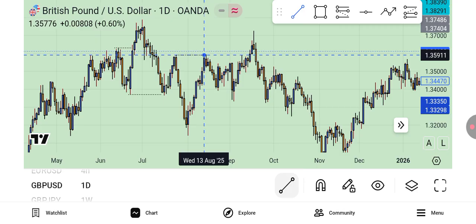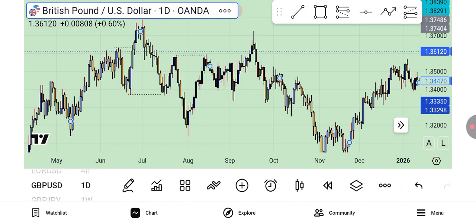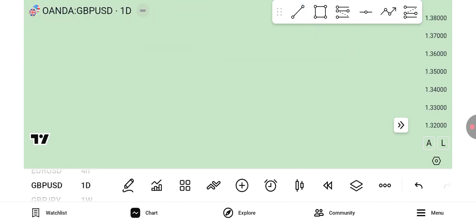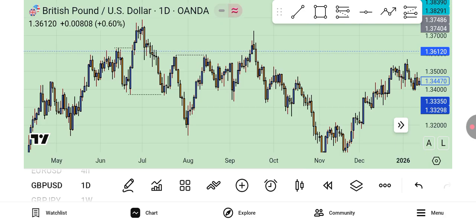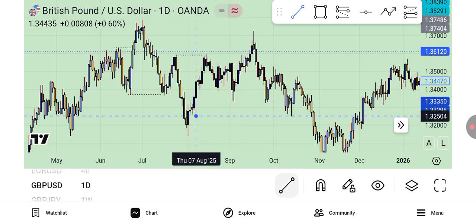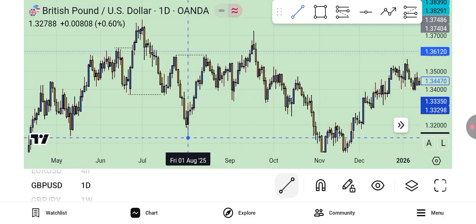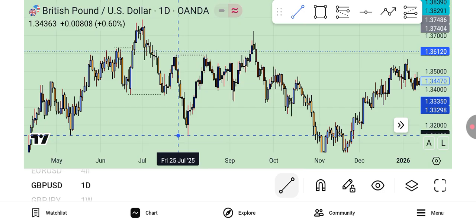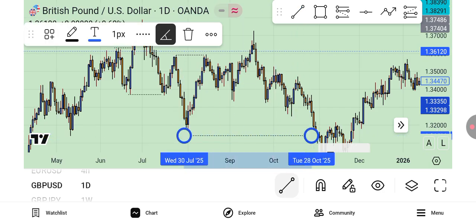So let me choose this area. Because it looks alike, this is just the textbook version of what I explained. So what do we do? Our target will be here. I mean this place, this low. This is going to be our target.